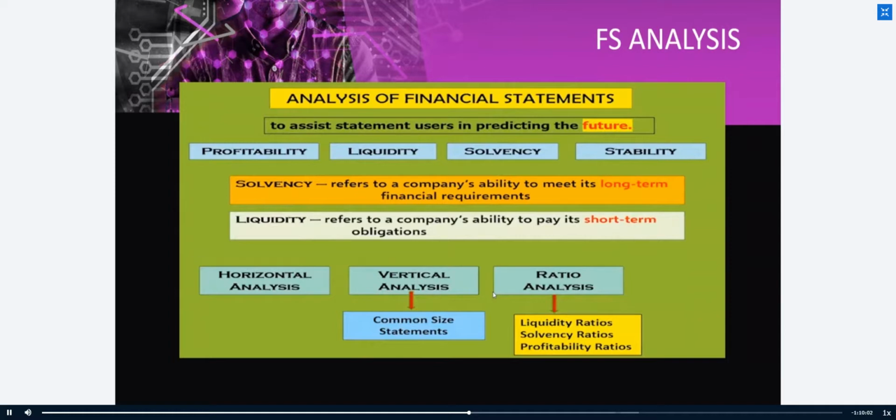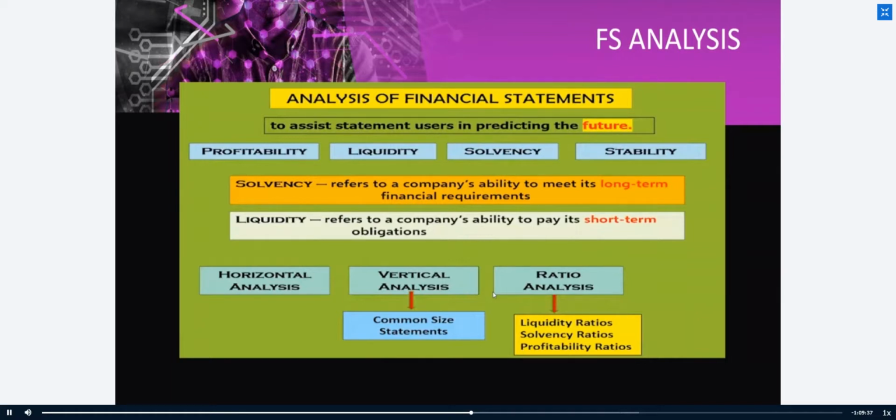And in the ratio analysis, we went through the different liquidity ratios, solvency ratios, profitability ratios, and the market test ratios. So those are the classic examples of ratios in financial statement analysis.